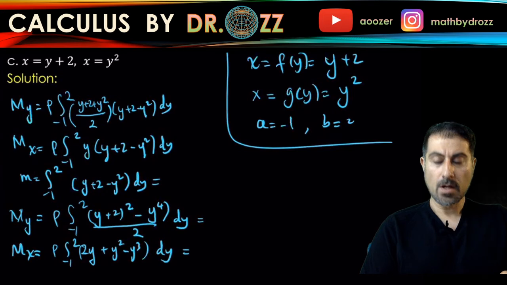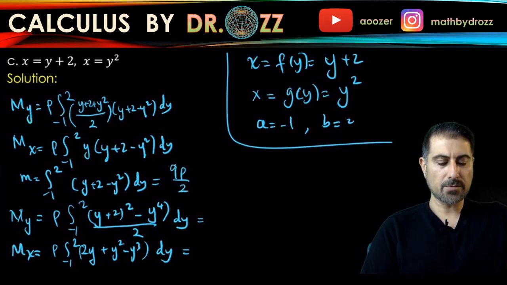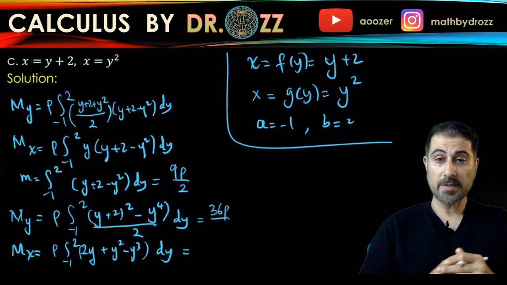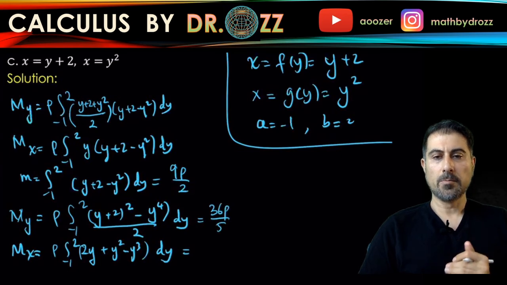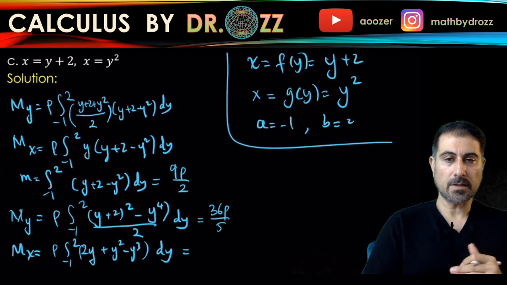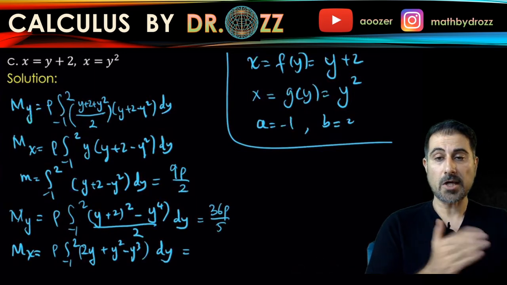Okay, m sub y should be 36 rho over 5, and keep those with the exact values. Don't round them off. Okay, please get those as fractions times rho, because in each case rho is going to be carried forward.